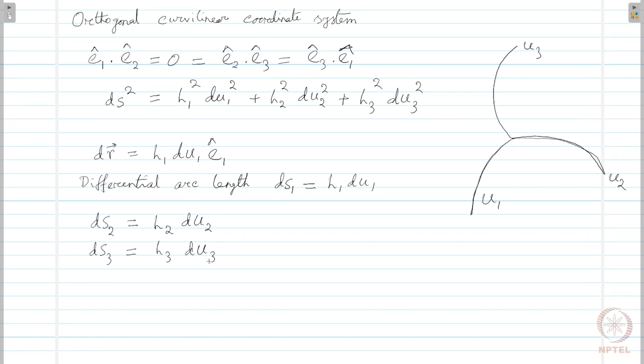Once we have this, then the volume element dV can be given as a product of these components.